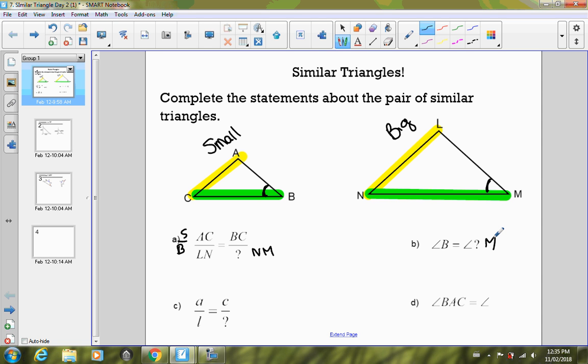Now, there's another way that you can label a triangle. So we have these sides here. Now I have A over L equals C over something. Okay, so uppercase is talking about how this triangle is labeled. Another way I can label the triangle is with lowercase.